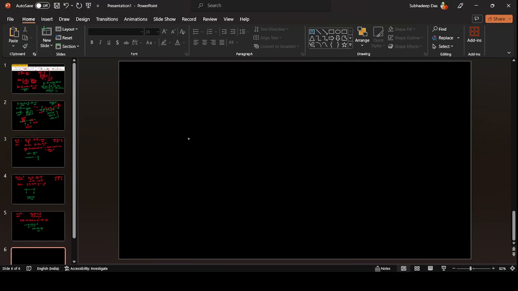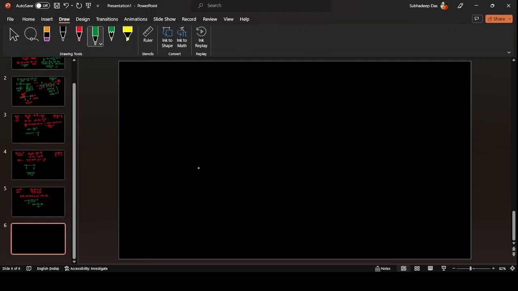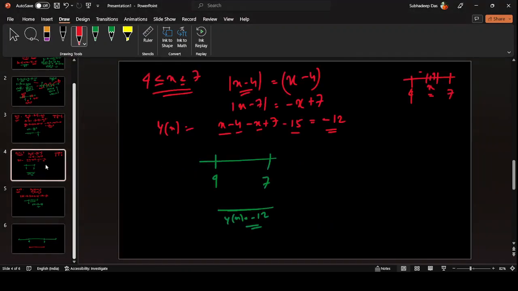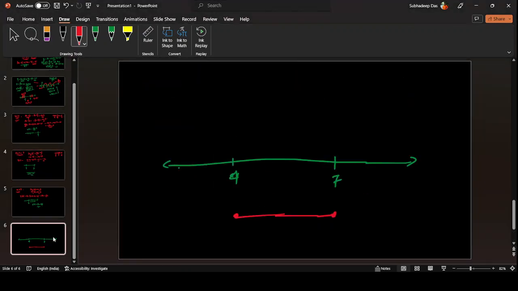So if we combine all three, suppose this is our x-axis, suppose this is 4, and there is 7. In this region, y(x) would be minus 12, a constant graph.